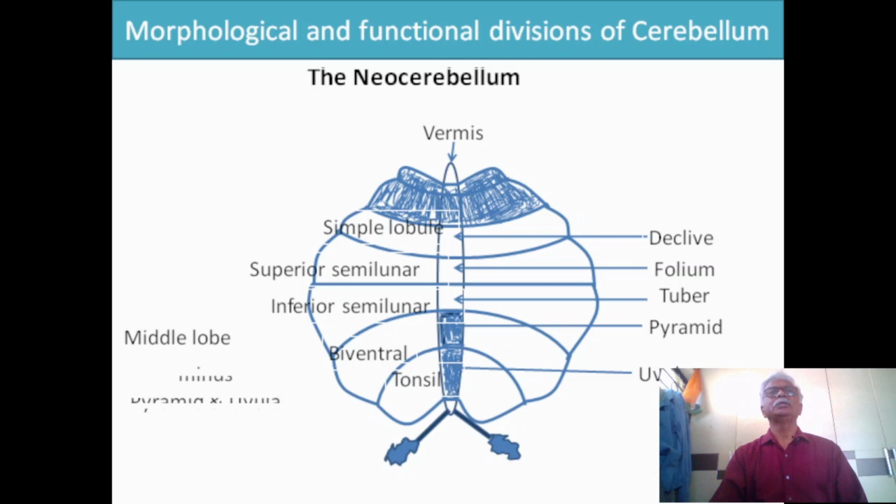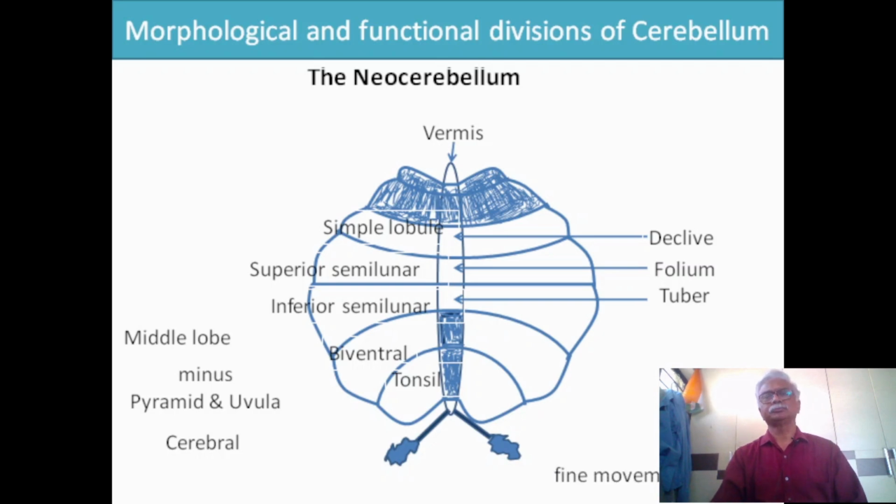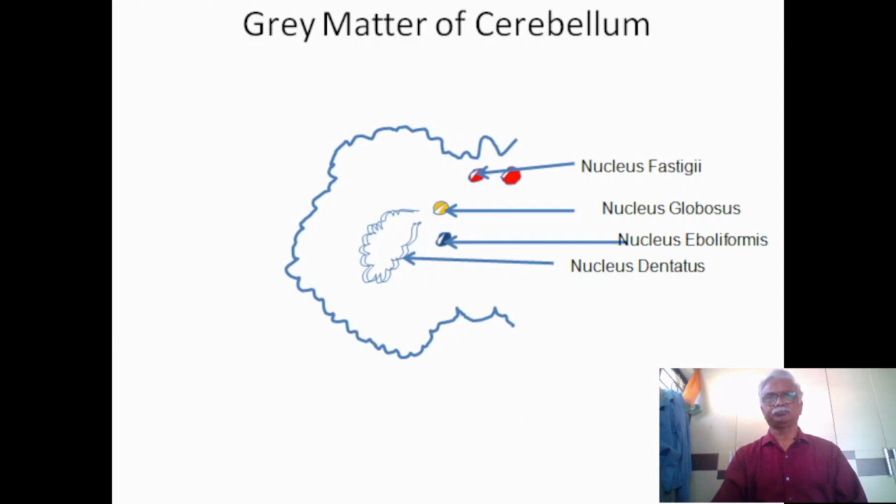It is the middle lobe minus the pyramid and uvula, which are part of the paleocerebellum. They are cerebral in connections, so they are the last to develop, recently developed, and so called the neocerebellum, and are responsible for fine movements of the body.